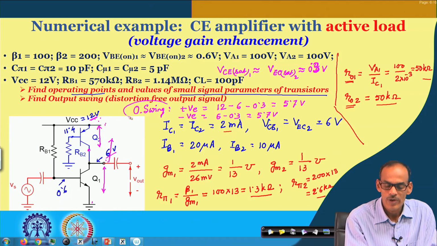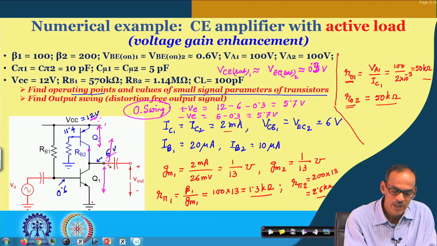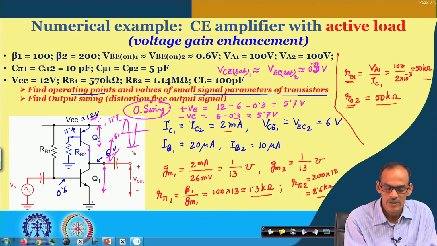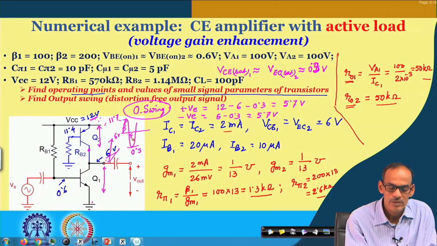So output swing wise it is plus minus 5.7 volt, which means that the voltage here, with respect to 6 volt, can go as high as 11.7 volt. Likewise, on the lower side it can go as low as 0.3 volt. Okay, so that is a good swing.